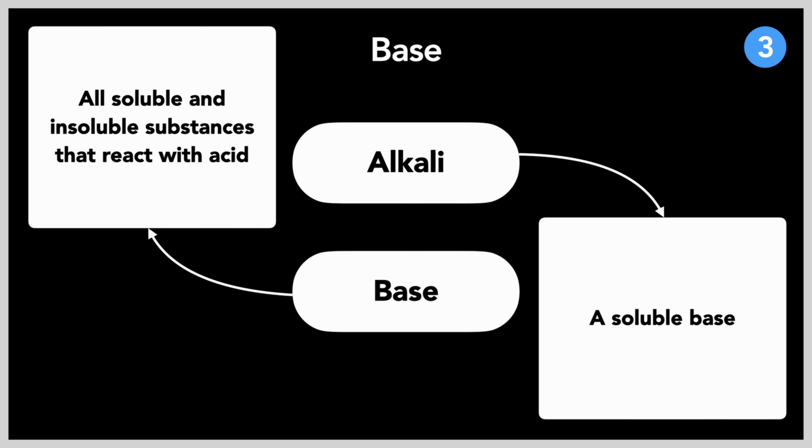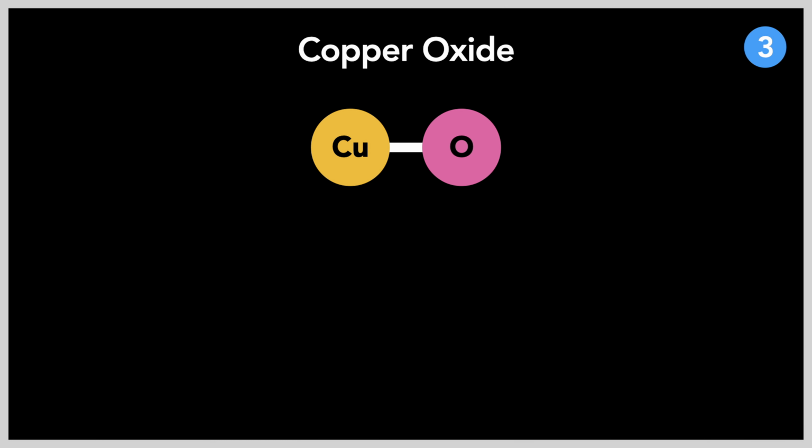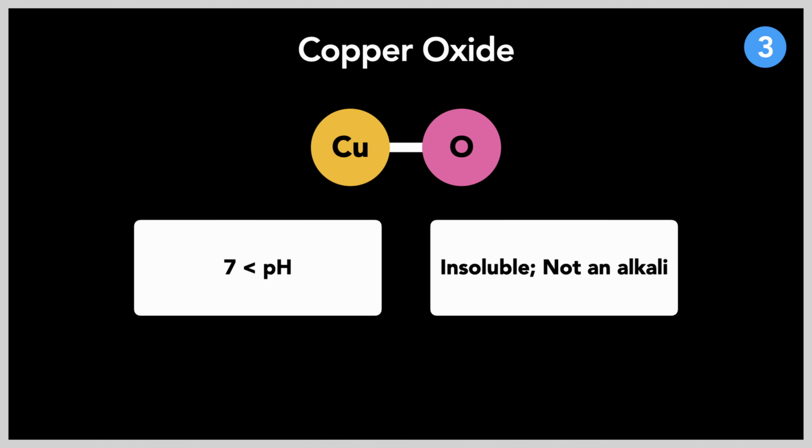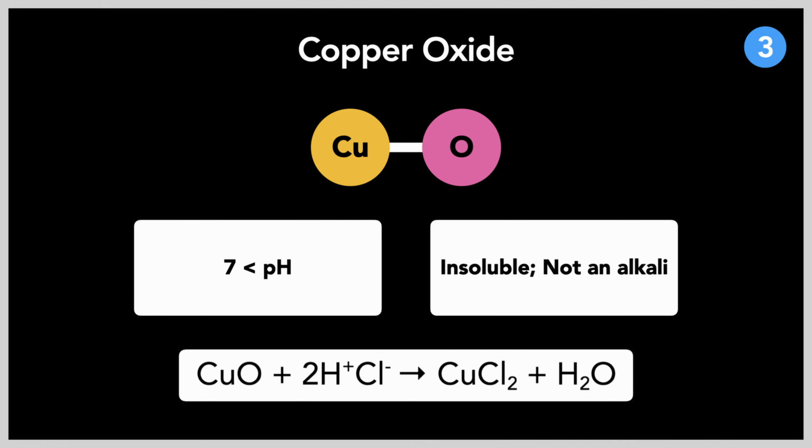An example of a base is copper oxide. Its pH is higher than 7, but it is not an alkali, as it is insoluble in water. But it still reacts with hydrochloric acid to produce copper chloride and water. Sodium hydroxide can be considered an alkali, as it is soluble in water.